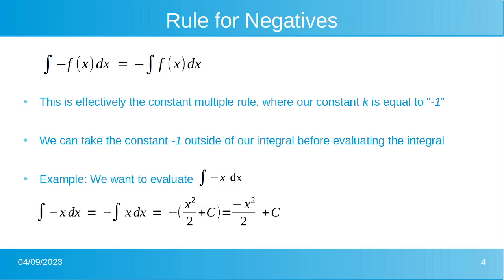Taking that minus outside of the integral, we get minus the indefinite integral of x dx. And when we evaluate that antiderivative, our result is equal to minus, all in brackets, x squared over 2 plus c. And when we apply that minus sign, we get that our antiderivative is equal to minus x squared over 2 plus c.